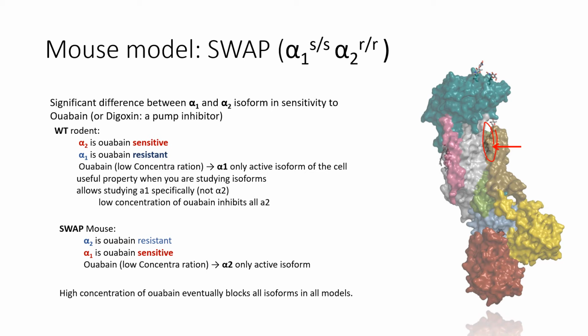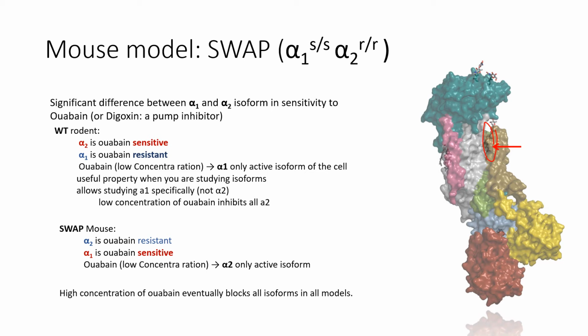This issue was resolved by the introduction of the swap mouse by Dr. Lingrel and his lab. In wild type, alpha-2 is ouabain sensitive and alpha-1 is ouabain resistant. In the swap mouse, alpha-2 is ouabain resistant and alpha-1 is ouabain sensitive. So by treating samples with a low concentration of ouabain, you get alpha-2 as the only active isoform.